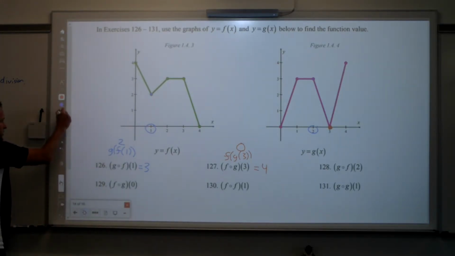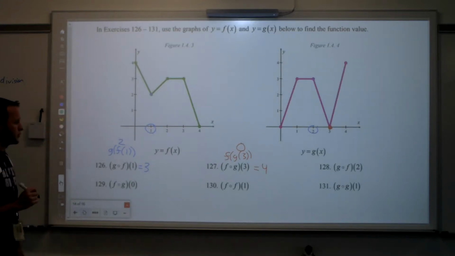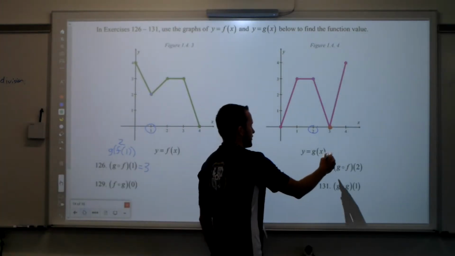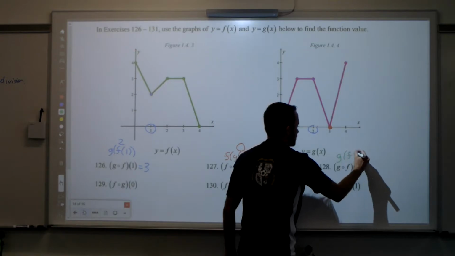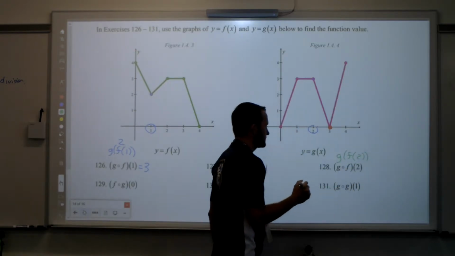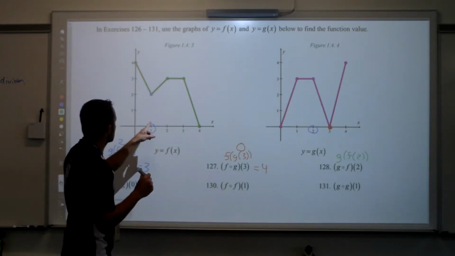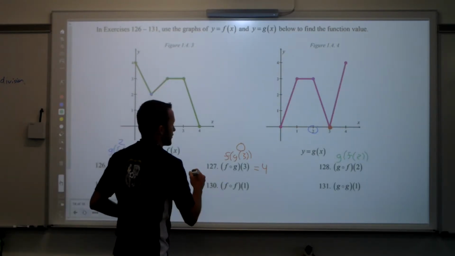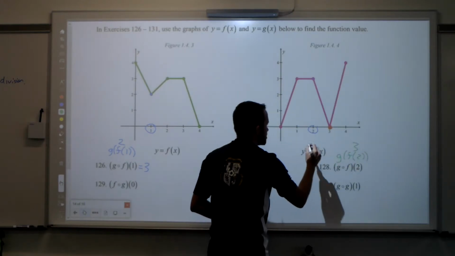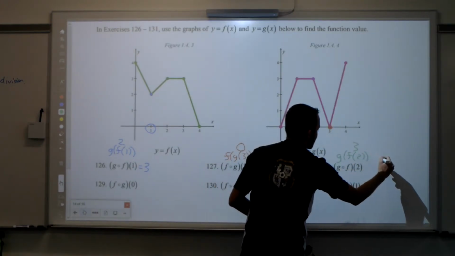Okay, keep on going. When we do g of f of 2, we're going to start by plugging 2 into f. And when we do, 2 gives me 3. So then I'm going to plug in 3 to g, and when I do, I get 0.